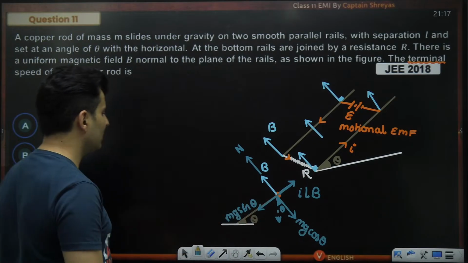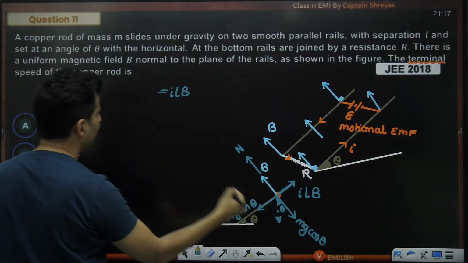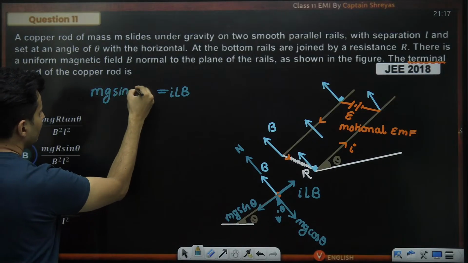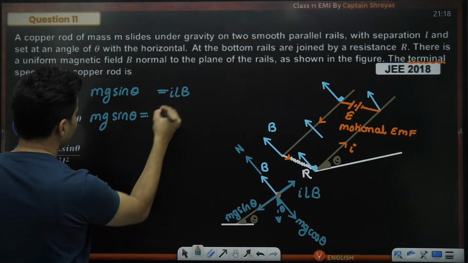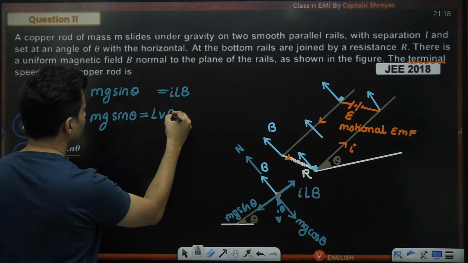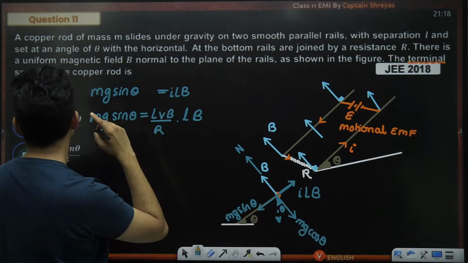Because the forces are balanced, my ILB force should be balanced by mg sine theta. So mg sine theta will be the current, LVB by R, into L into B. But the question is, what is the speed?